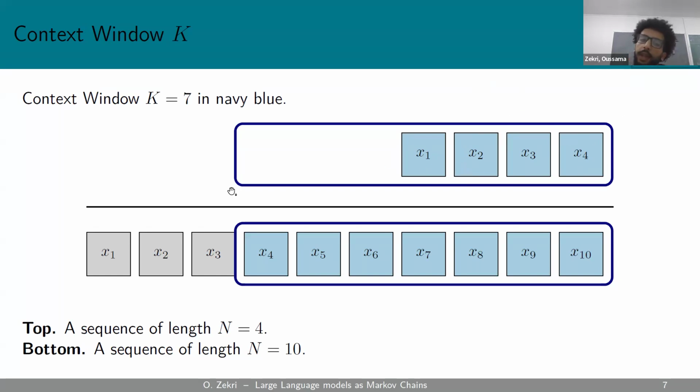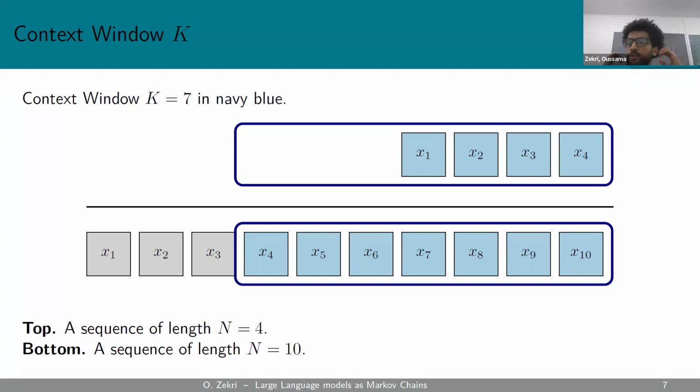But what happens if you input a sequence of length greater than or equal to the context length? For example, a sequence of length 10. The model will just forget the beginning of the sentence. It will forget the first token, the first word, and it will produce a probabilistic output by considering only the last words of the sentence. And this is really important.